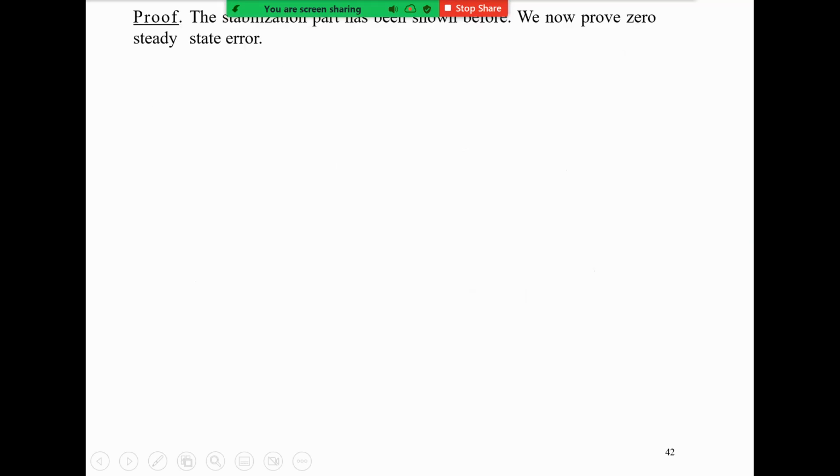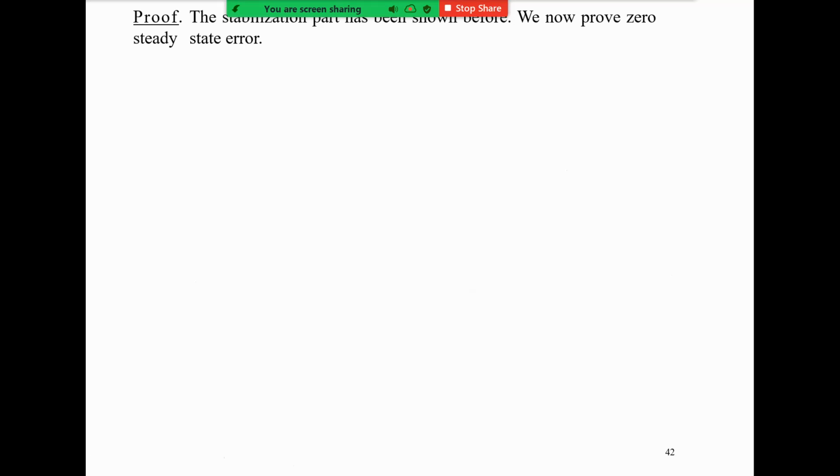First of all, the stabilization part, we have already shown that. In part 1, we know there exists a solution to stabilize the whole generalized plant. We just need to show that under this scheme, the tracking error, the output error, will go to 0.